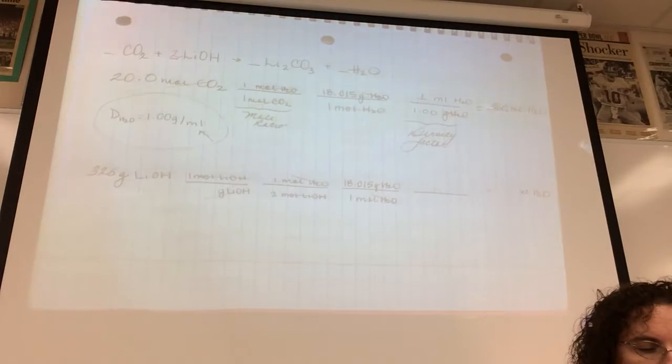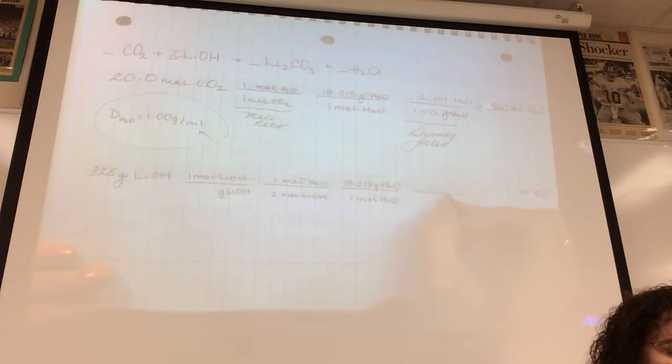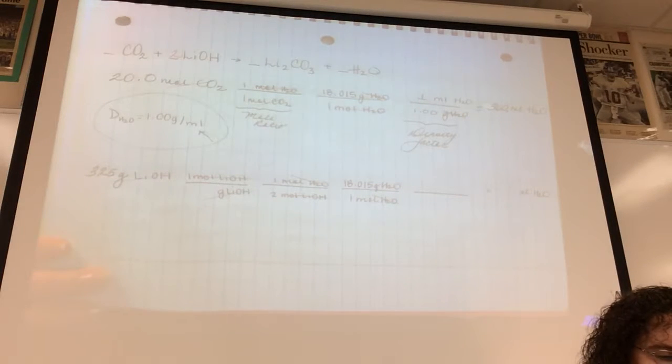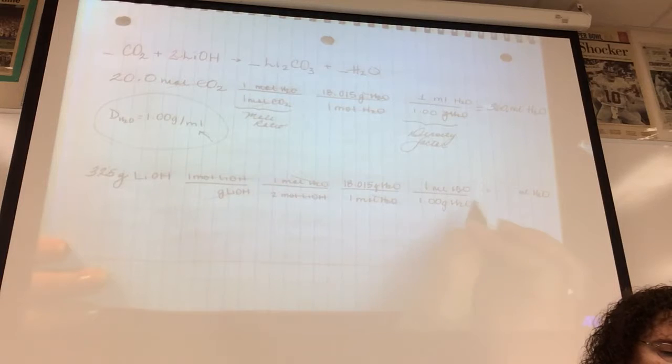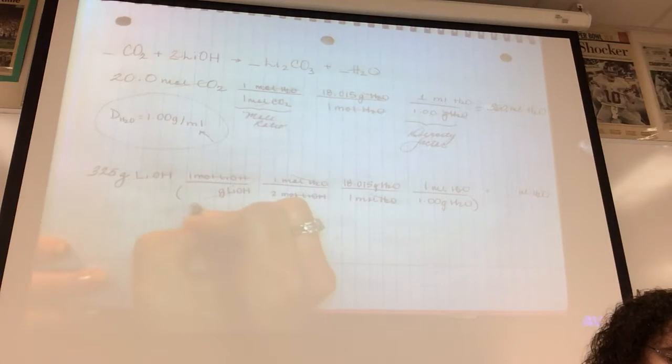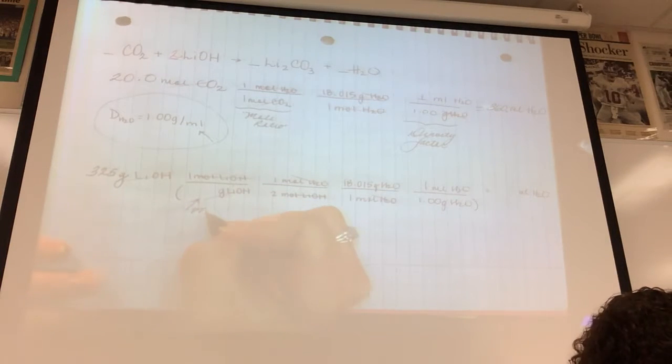And how do we go from mass of water to the volume of water? Go ahead, Faith. Put 1.00 grams on the bottom and 1 milliliter on top. You got it. So this is the reciprocal of the density. And this piece is coming off the periodic table.